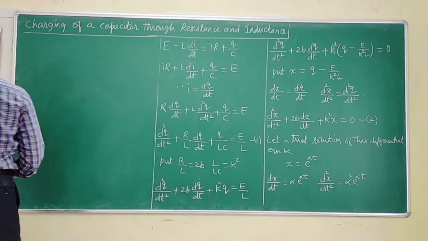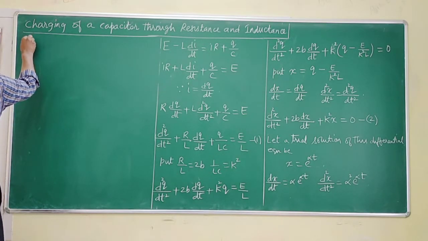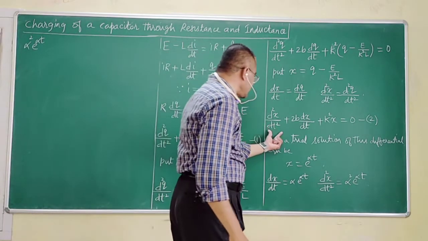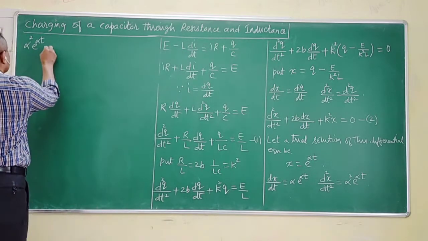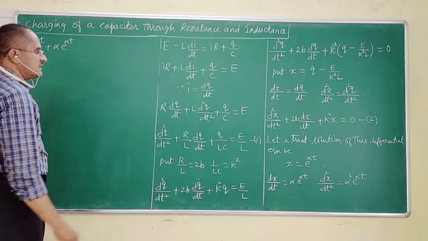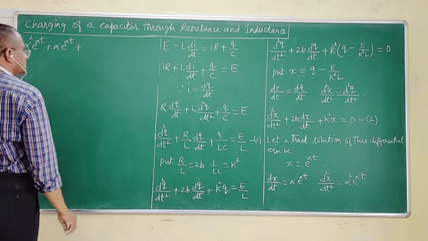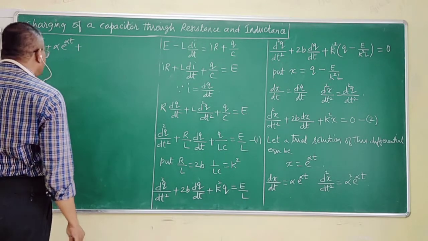So let us substitute that value, alpha square e power alpha t, in the place of d squared x by dt square. I substituted here plus alpha e power alpha t plus that has to be 2b e power alpha t.